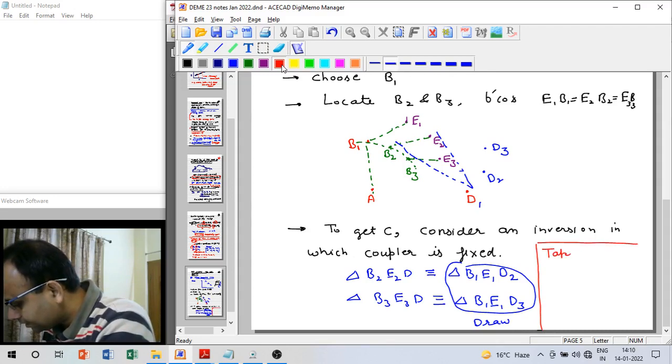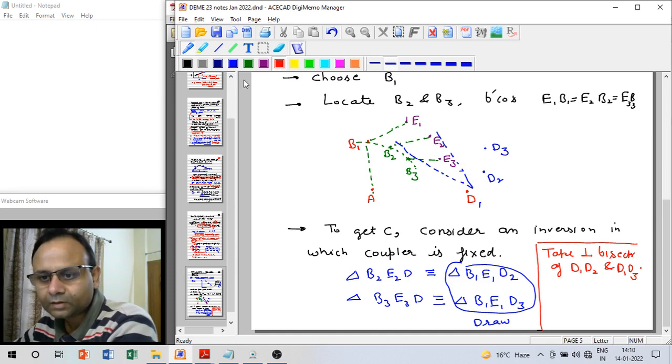You will take a perpendicular bisector of this. You can take D1, D2 and D1, D3, or you can take D1, D2 and D2, D3. Whatever, does not matter.